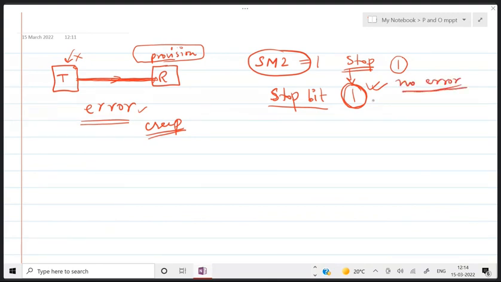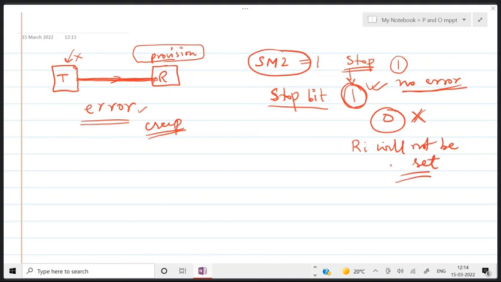Okay, and when it is 0, that means an error has occurred. So what will happen after the error has occurred? RI will not be set.